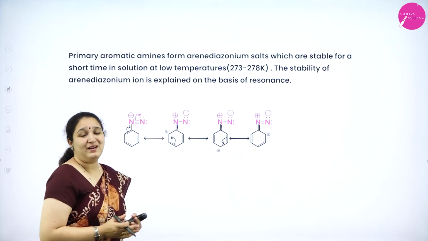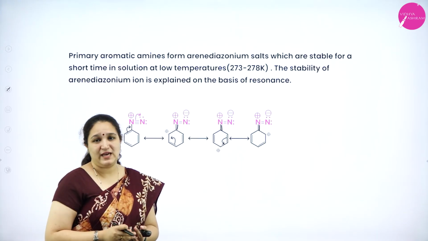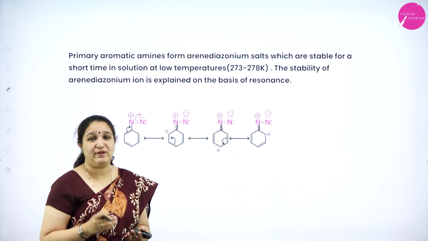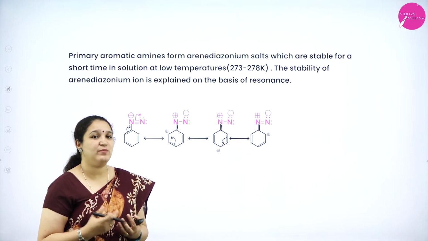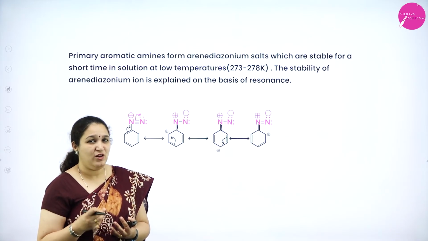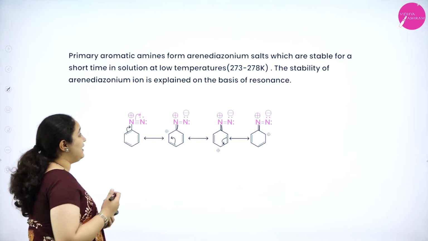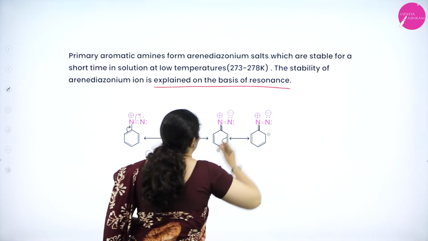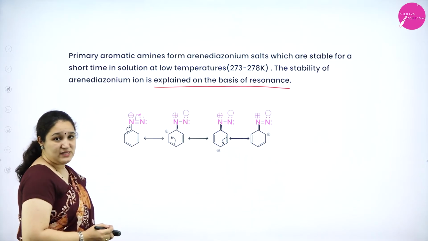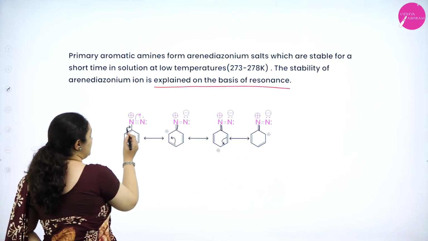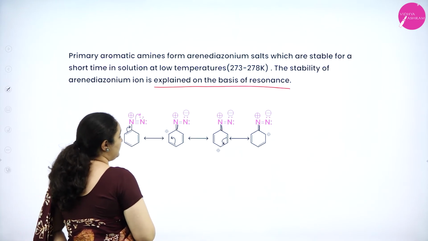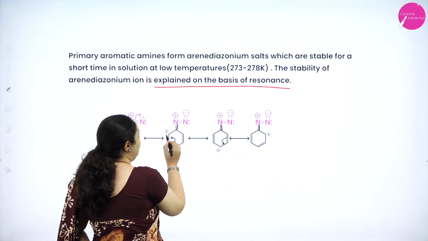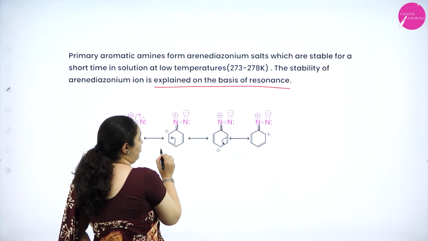Now, if you compare the primary aromatic diazonium salt to primary aliphatic diazonium salts, aromatic diazonium salts are stable at low temperature for some time. Why exactly? It can be explained on the basis of resonance. Here you can see a bond forming and the charge shifting.